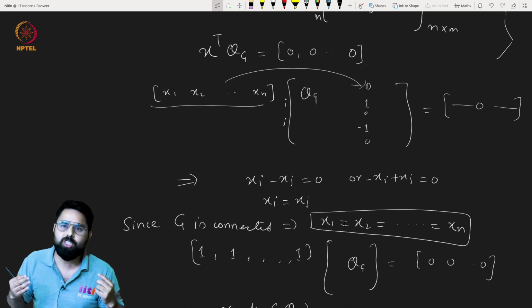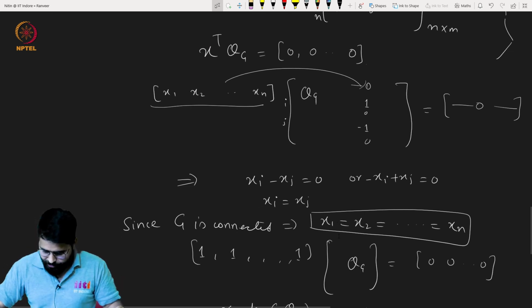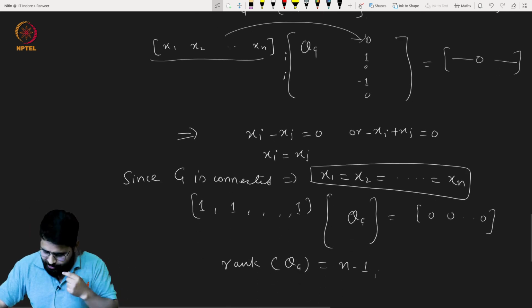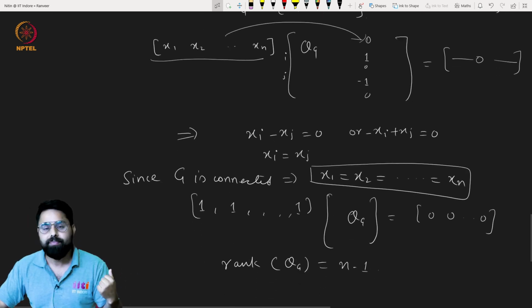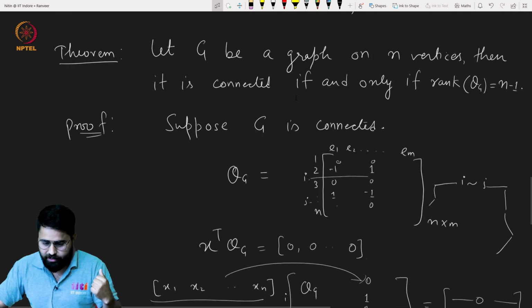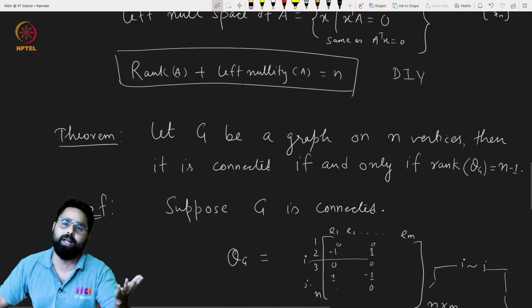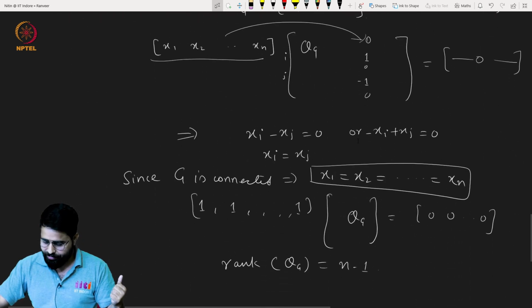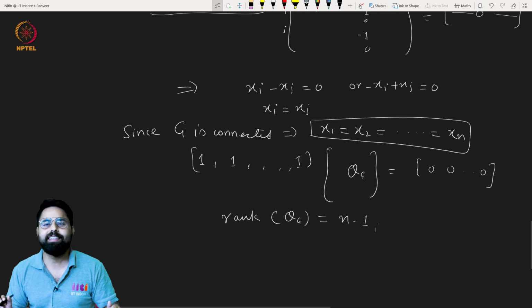So that vector is in the null space. So there is one independent vector, the all 1 vector or its scaled version. That's why, from here you can see that the left nullity will be 1, and hence the rank will be n minus 1. Very good, great. So we have established this.